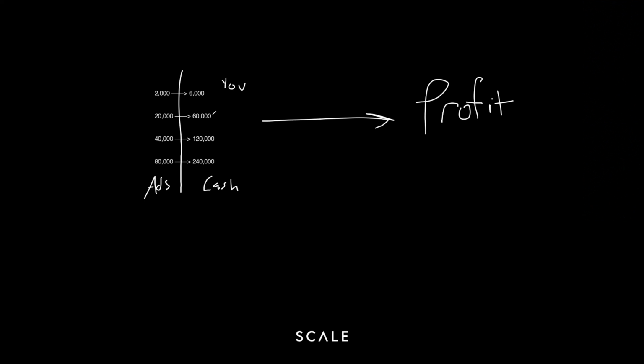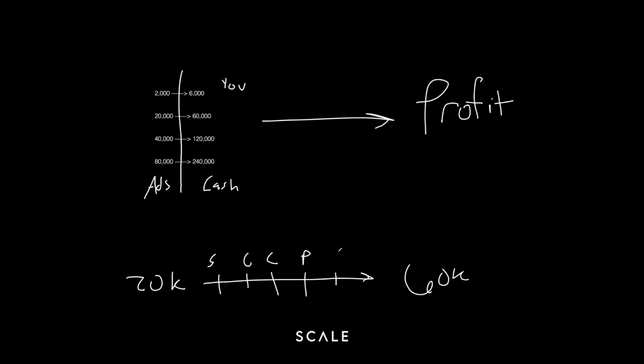Between 20 and 60, all that is 20K, right? And ads to 60K, all that is a setter, a closer, a coach, processes, and a banging course. So this is just a zoomed-in level of what this is right here.